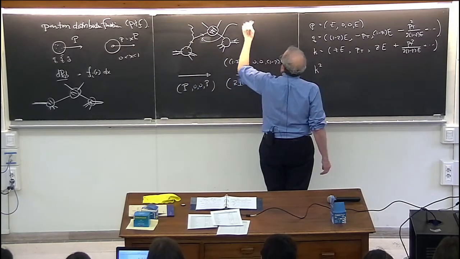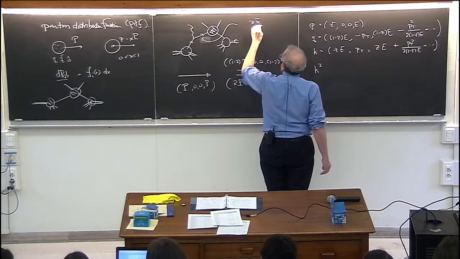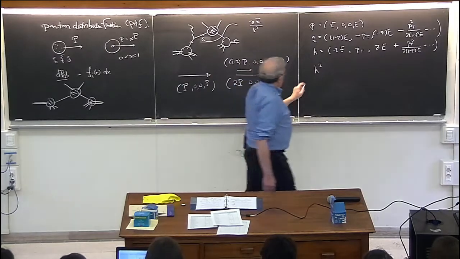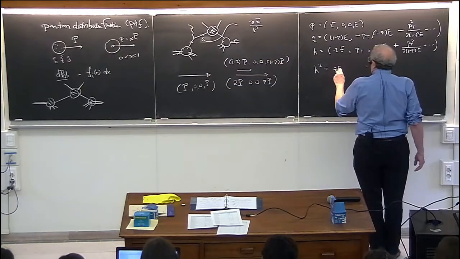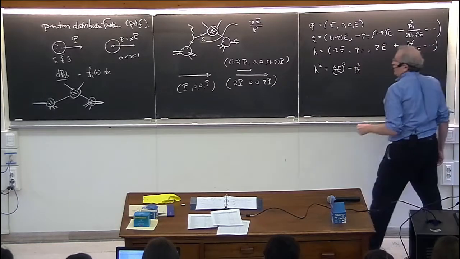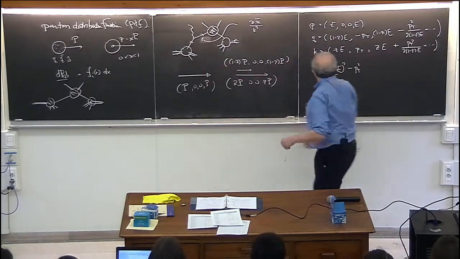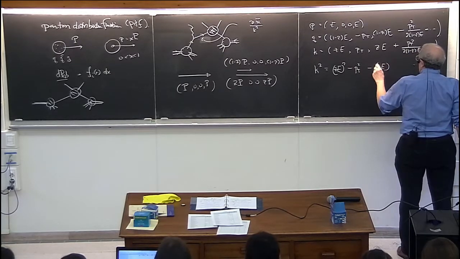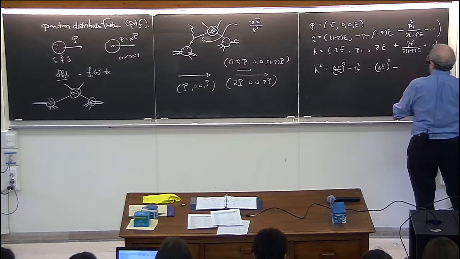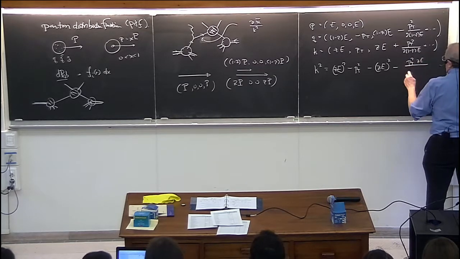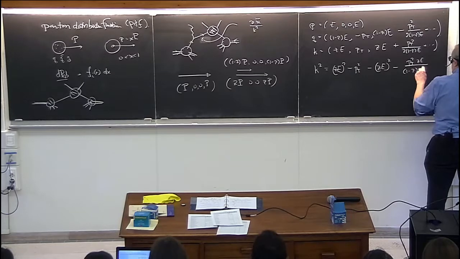So this propagator, I'm going to write u u bar divided by k squared. And when I compute k squared, I'll have (zE) squared minus PT squared. The propagator, please notice, has a space-like momentum, minus (zE) squared minus PT squared times zE over (1 minus z)E.